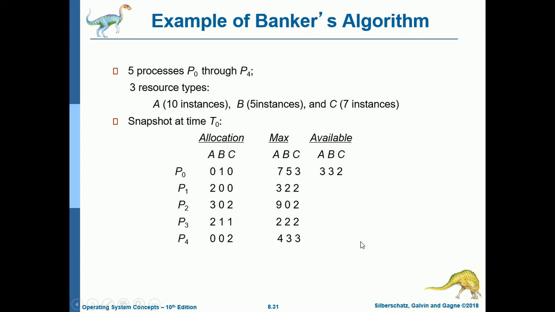I have to be clear from this example: do not consider these as numbers, for example 753, 322, 902, 222, 433. No. Since there is an A, B, C here, it means that, for example, for the allocation of P sub 2, 3 resources of type A are assigned to P sub 2, and for B it does not have any resource of type B. And then P sub 2 has already acquired 2 instances of resource C. So that is the meaning of these numbers.